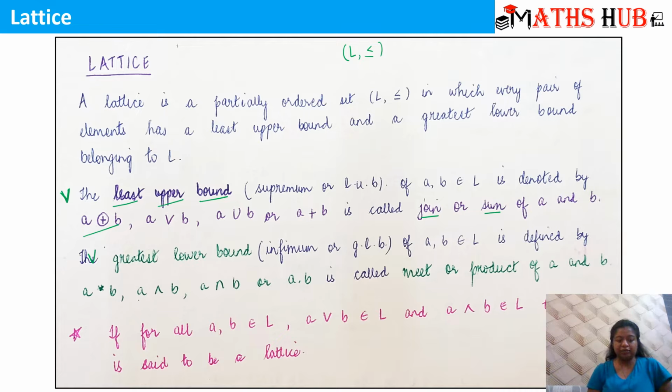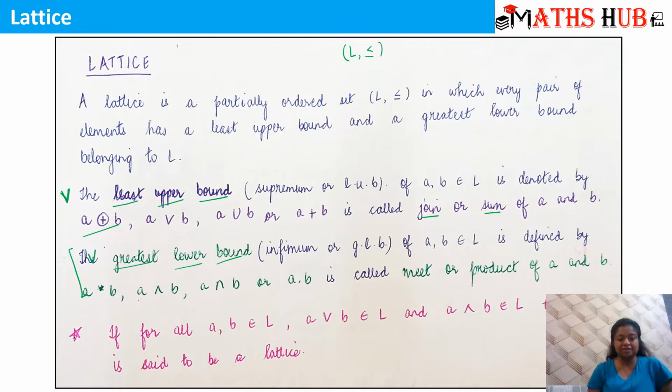Now let us recall what is the greatest lower bound. The greatest lower bound is defined as the infimum or the GLB. If I have two elements A and B belonging to L, we can denote the infimum or the greatest lower bound by the symbols A star B or A meet B, or equivalently A intersection B or A dot.